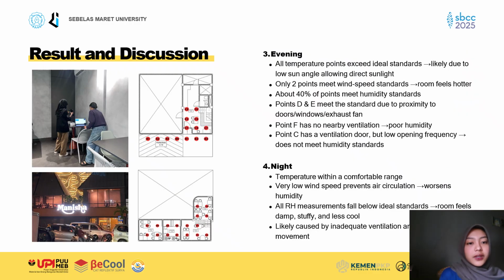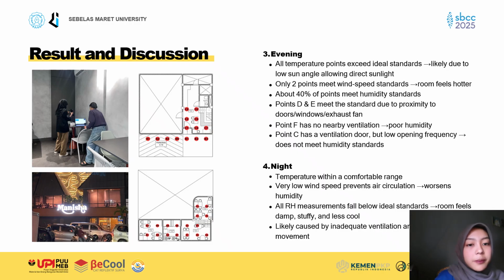Next, in the evening, all temperature points exceed ideal standards, likely due to the low sun angle allowing direct sunlight. Only 2 points meet wind speed standards, so the room feels hotter. About 40% of points meet humidity standards.